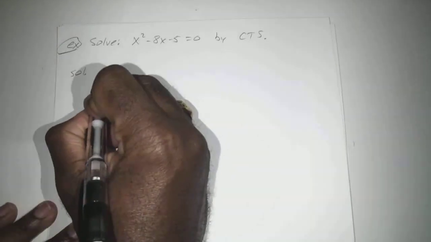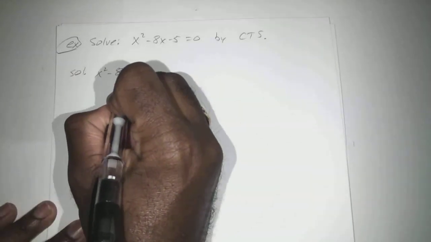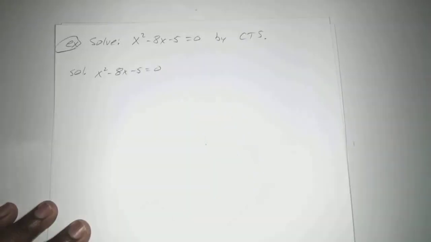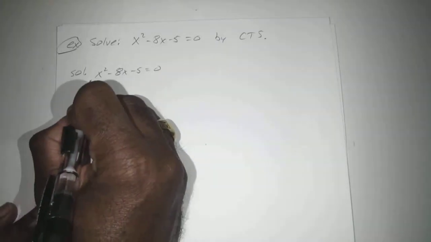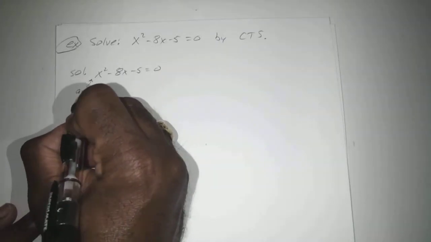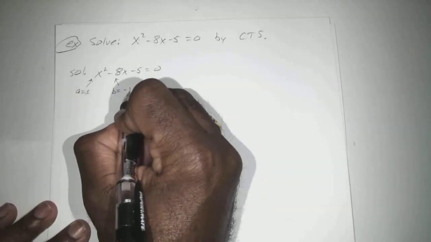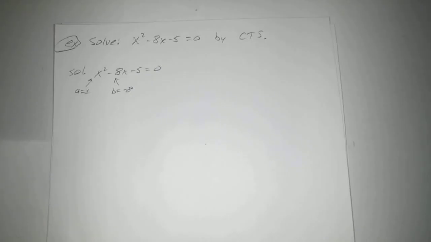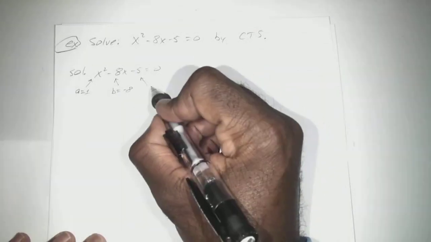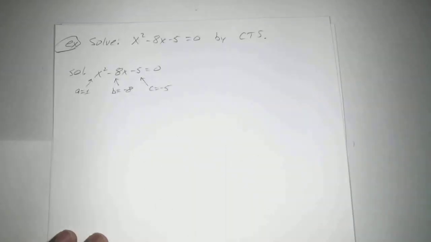So we know for this one, x squared minus 8x minus 5 equals 0, our a is equal to 1, and our b is equal to negative 8. Our c is equal to negative 5, but it doesn't really have anything to do with our formula, so you can identify it if you'd like, but you don't really have to.